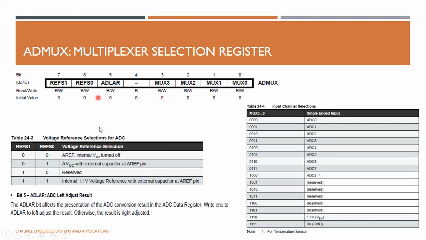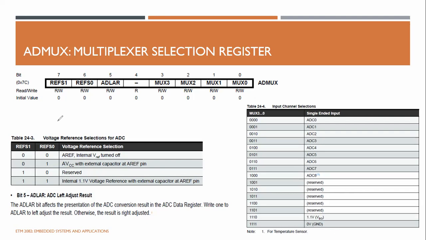Right, so this is the ADMUX multiplexer selection register. Like I mentioned, bits 7 and 6 select the ADC reference. When it is 0, the internal reference is off, and you are getting whatever voltage is connected to the AREF pin.